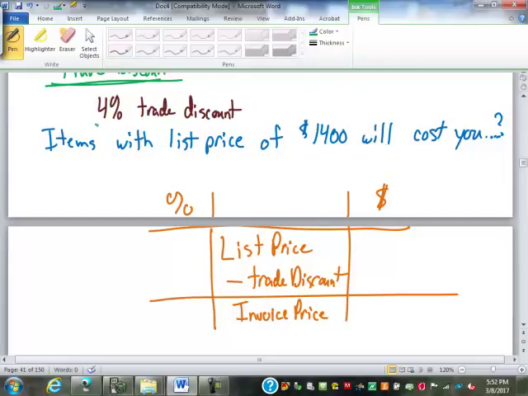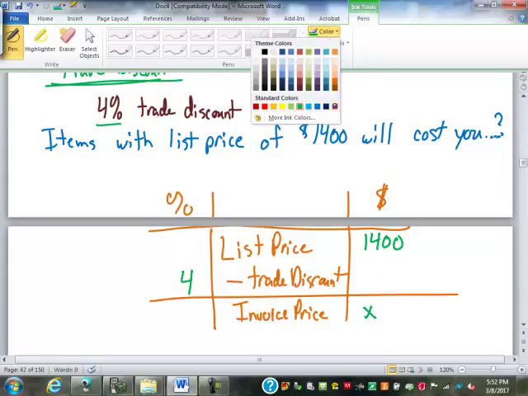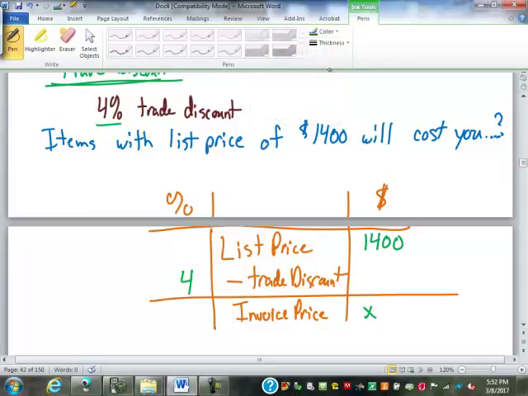So we have the 4% trade discount. That's going to go in here. We have the $1,400 list price. We want to know what it's going to cost you. That's this number here. That looks like all we know, but what else do we really know? Whenever we're dealing with percents, something is 100%. Most of the time, that is either the whole amount or the beginning amount.